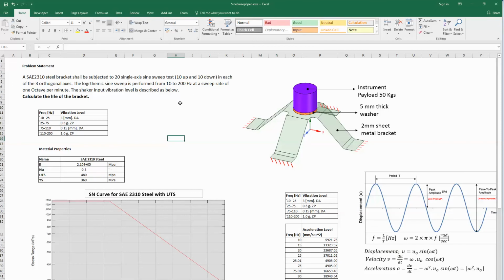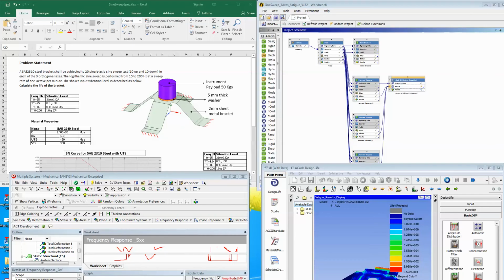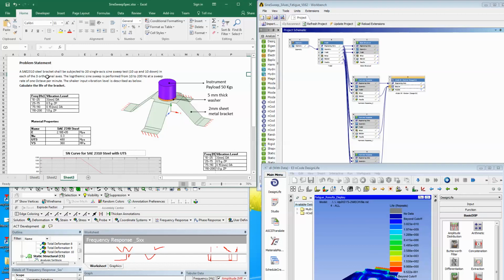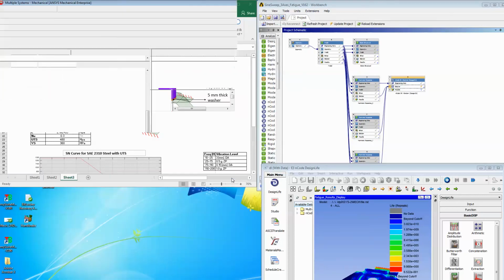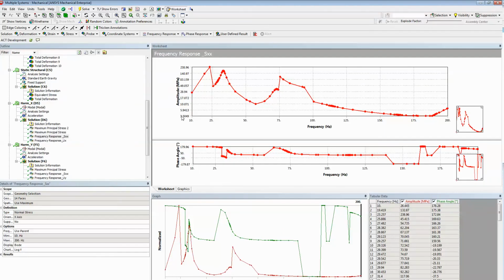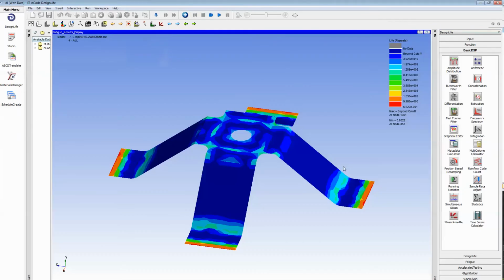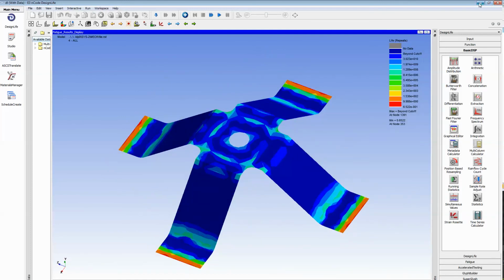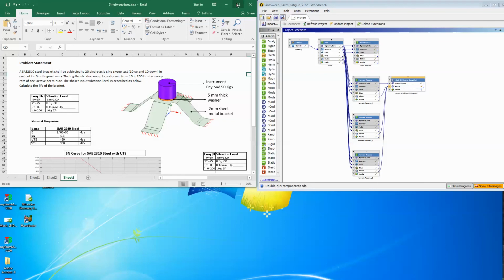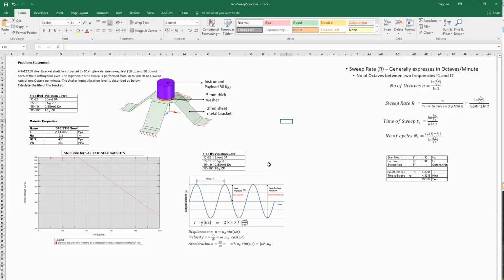Okay, so in summary, to address the shaker table vibration simulation problem statement, we need Ansys Mechanical to calculate the stress over the frequency, and we need nCode to calculate the damage and life due to the vibration excitation requirement.